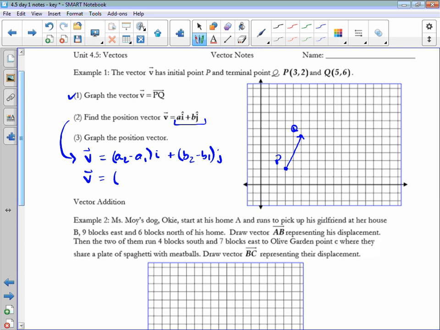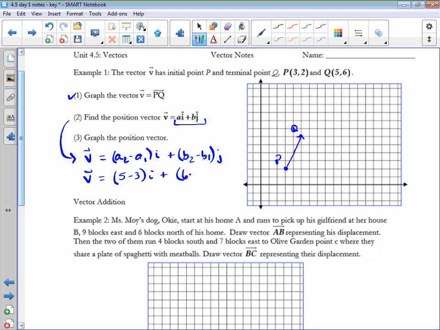So what were my x's? What's my, essentially my x2 and my x1? Okay, which one do you think is the second? 5, so you would do 5 minus 3. And what about the b represents the y's? What would those be?